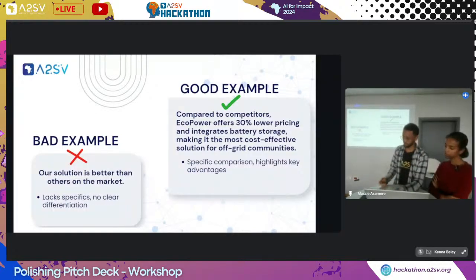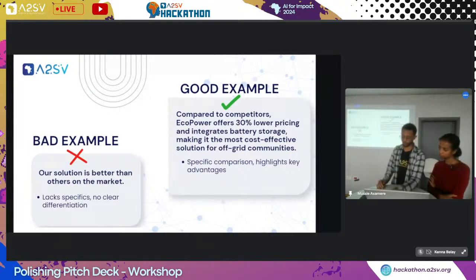So let's see the bad example. Our solution is better than others on the market. This is a really bad example because they're not stating their competitors. It says others, and what makes it better? What is the unique value proposition?